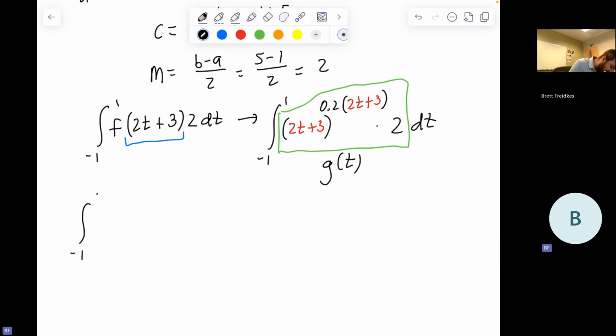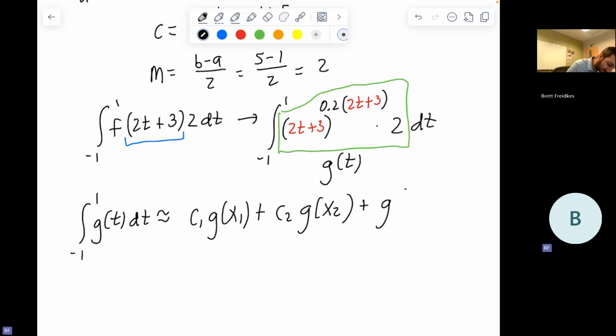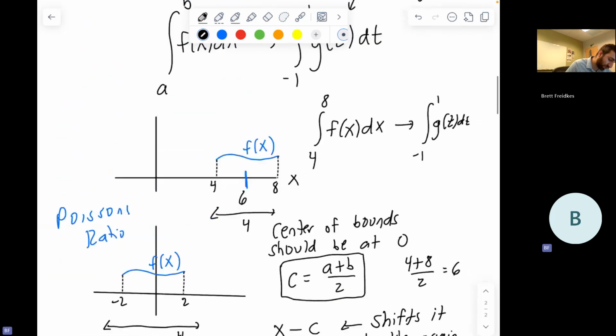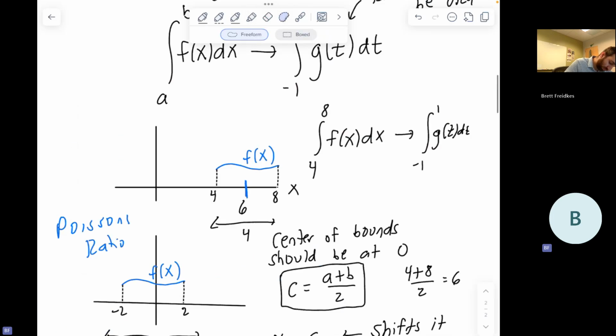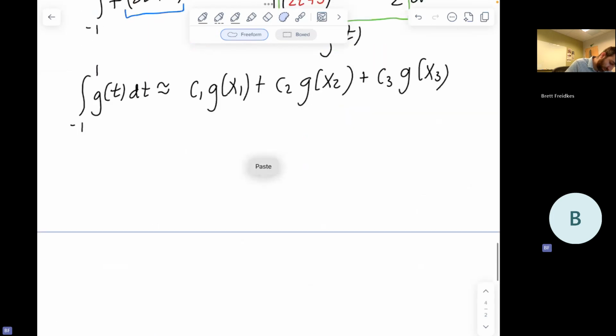I'm going to approximate that g of t using 3 rectangles. And you see I'm doing x1, x2, and x3. That just matches the table notation, which has it in terms of x. If we come up to the table, we can see that these are all x values. Let's see if I got lucky with the paste.